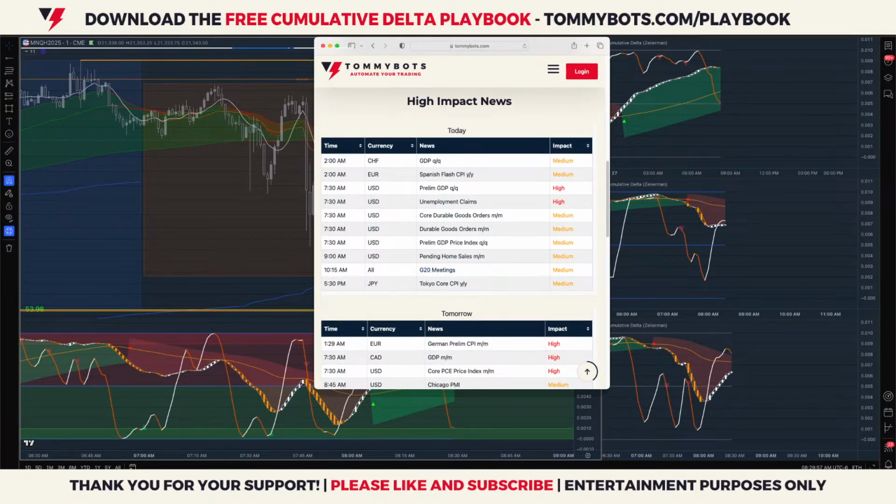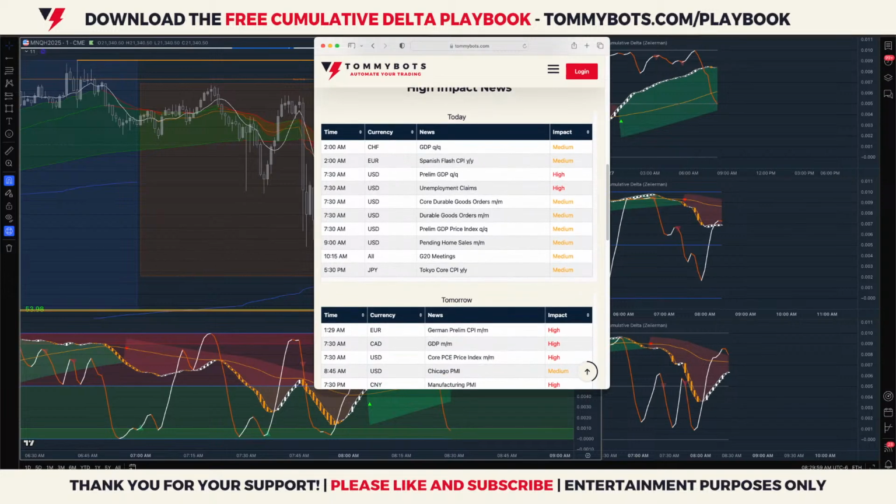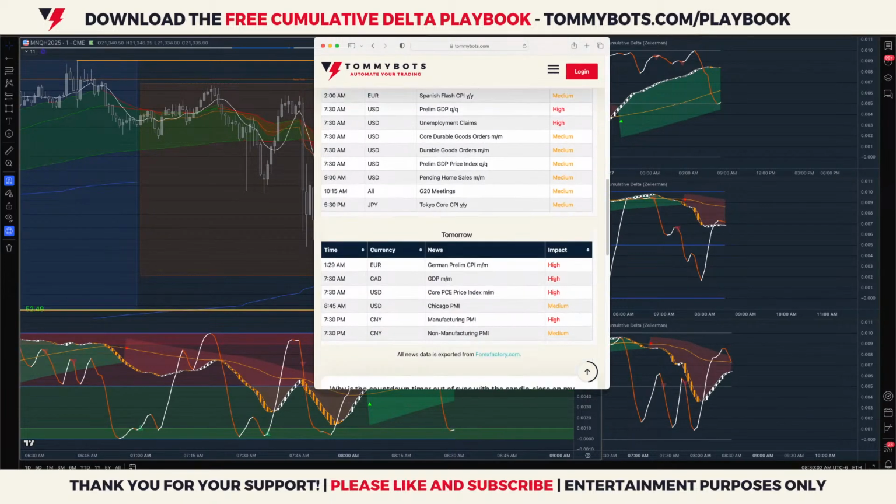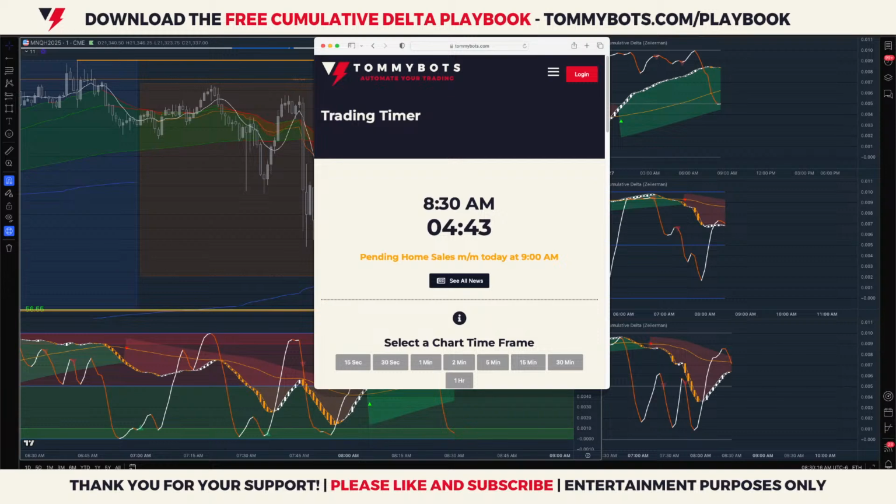G20 meetings at 10:15. Not sure if that's going to do much of anything. Tomorrow we got core PCE price index at 7:30 and Chicago PMI at 8:45. That's it for tomorrow.